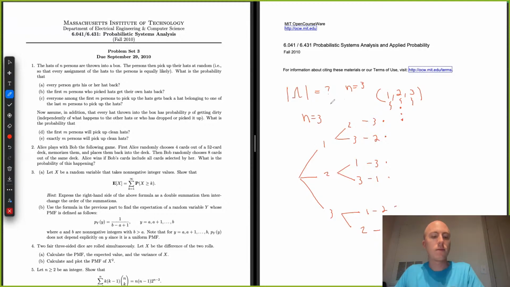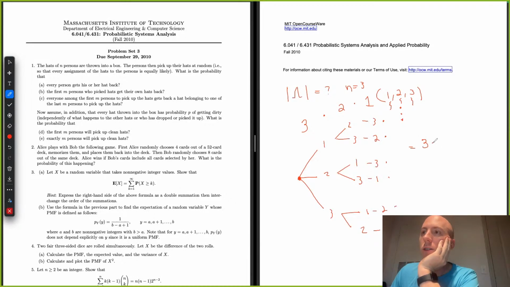So there's basically 3 potential outcomes for the first node. Then here for each node there are 2 potential outcomes, and here for each node there's just 1. And we went more into this last time, but we can just multiply these together.